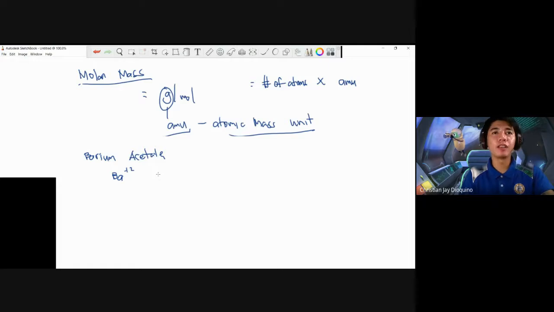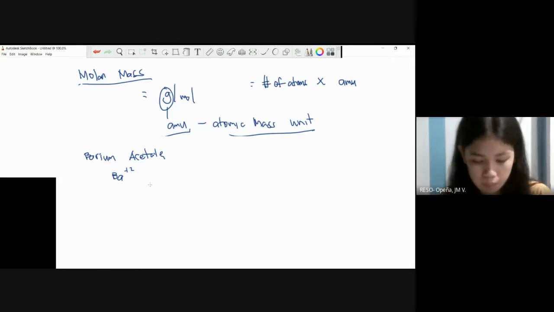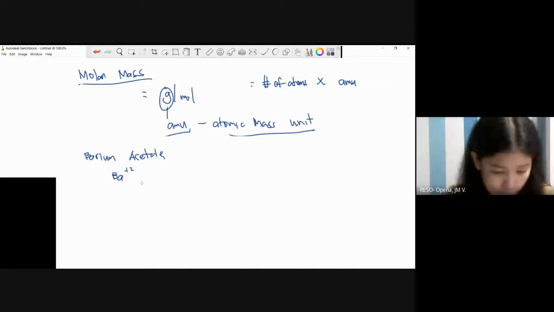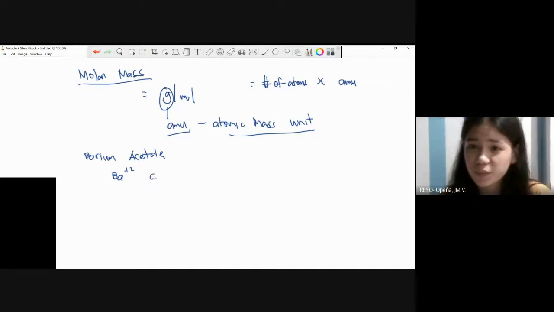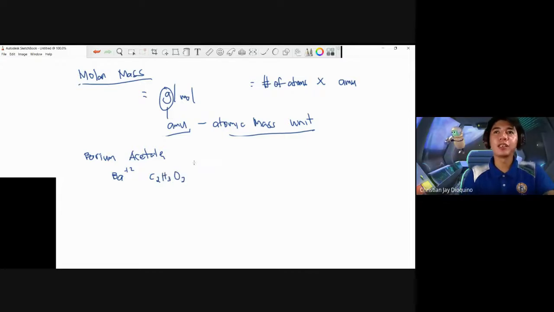How about acetate? What is acetate? C2H3O2 po. Charge niya, dyan na. Charge is negative ano?